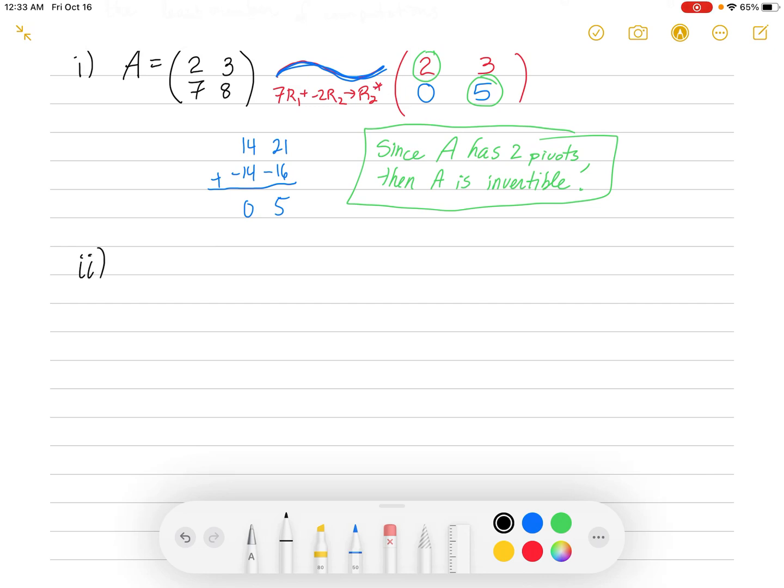Number 2. So we have a matrix A that's 4 by 4. Let's say it's 1, 2, 3, 4 in the first column, 5, 6, 7, 8 in the second column, 0, 0, 0, 0 in the third column, and 9, 10, 11, 12 in the fourth column.